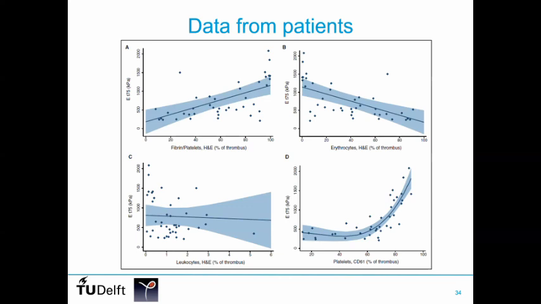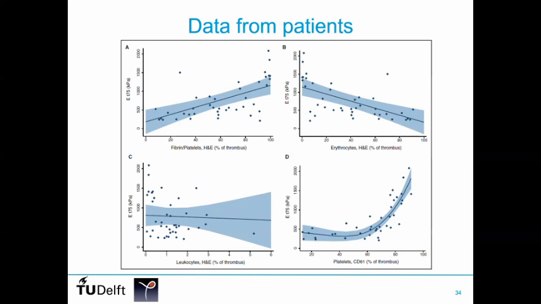So there seems to be a pretty intuitive logical relationship. But as things go with tissues that you extract from patients, yes, you can do regressions. Yes, you can find correlations. But look at the range of values that you get. So for a clot with red blood cell concentration of 10%, your values can range from 200 to 2,000. So that's 1 decade.